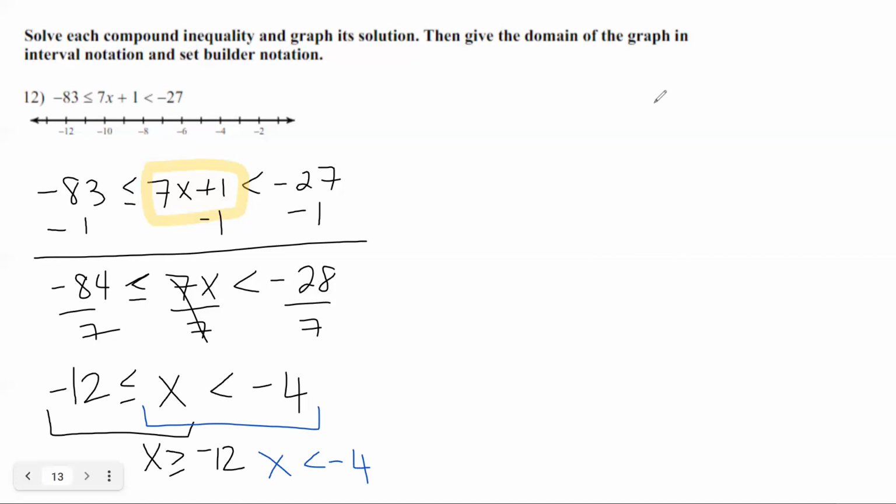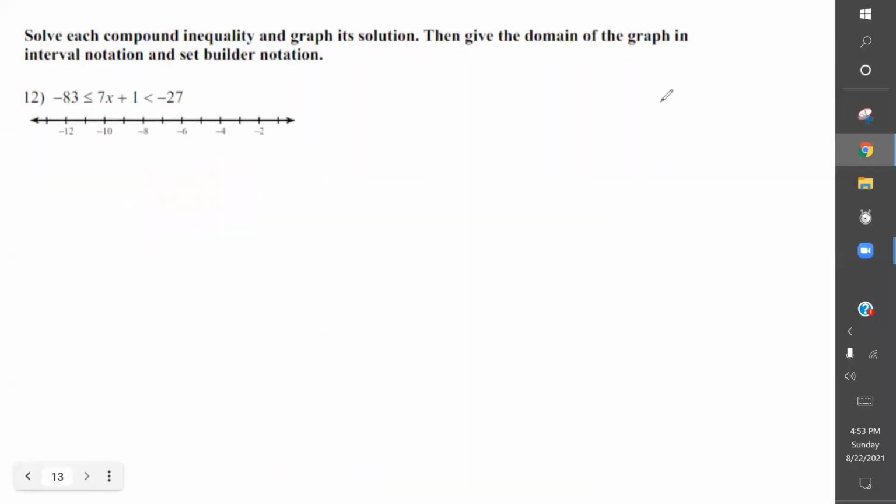So x is greater than or equal to negative 12. Let's find negative 12 on here. Close it because it's greater than or equal to, and we're shading all the way to the right for that one. But we also have x is less than negative 4. So here's negative 4. It's just an open circle and it goes all the way to the left.